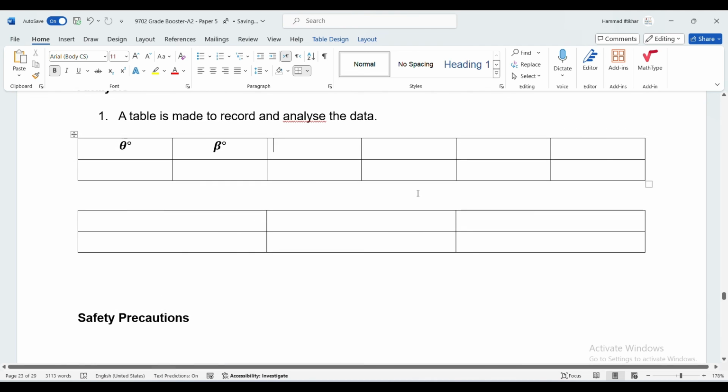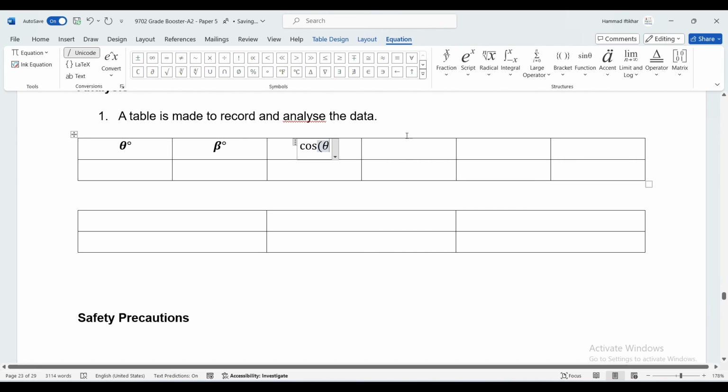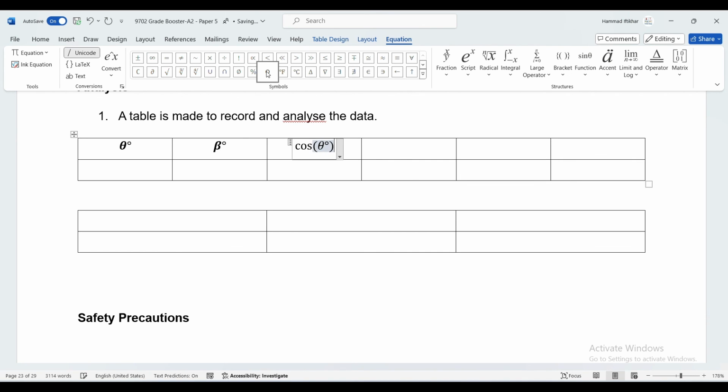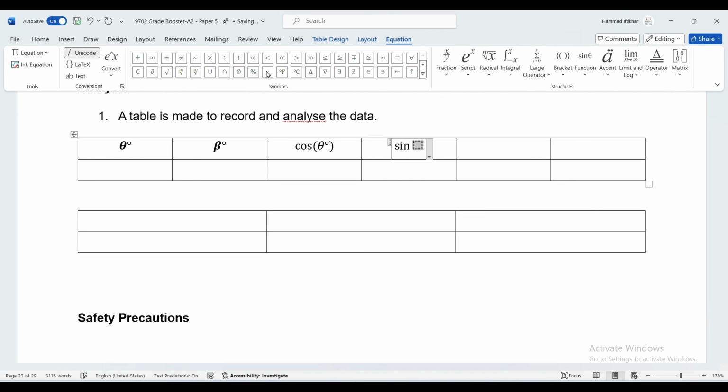So we will need cos of theta, again in degrees. Then we have sine of beta, also in degrees.